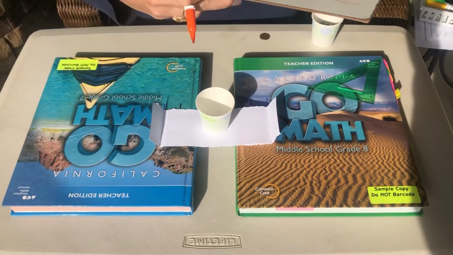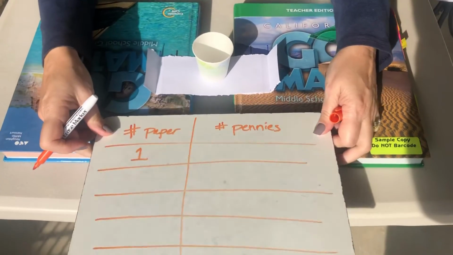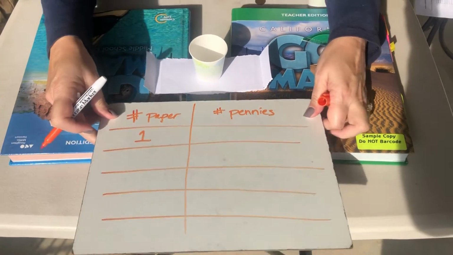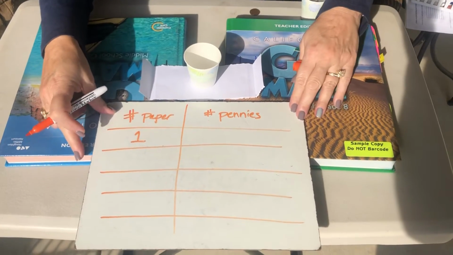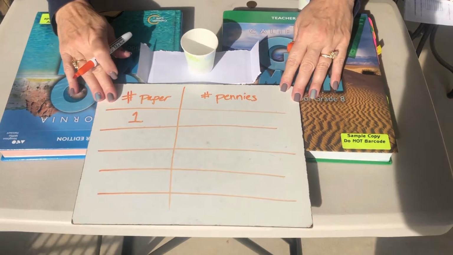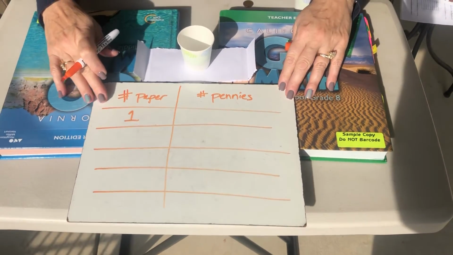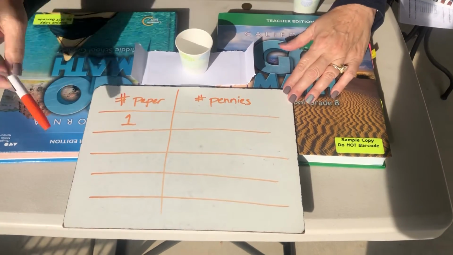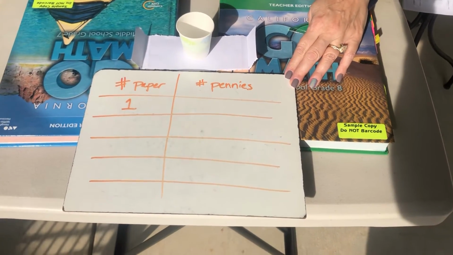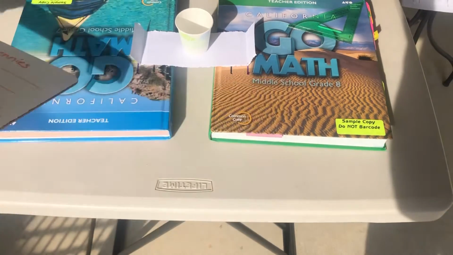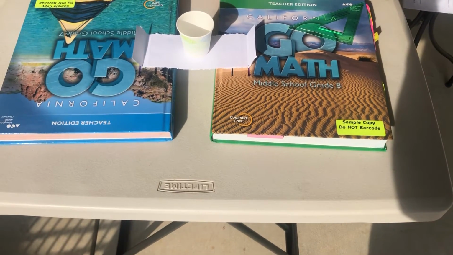Okay, that's what we've got going right now. We have one paper, and we're going to see how many pennies we can put into this before it decides that it's going to collapse on us. All right, so let's start adding pennies.